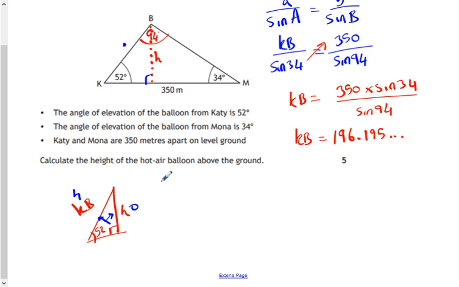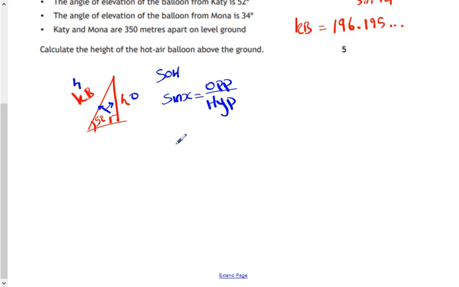So that's going to be SOH. So sine x is equal to the opposite over the hypotenuse, giving us then that the opposite h, so the height, is going to be equal to, multiply that up, KB times sine 52.